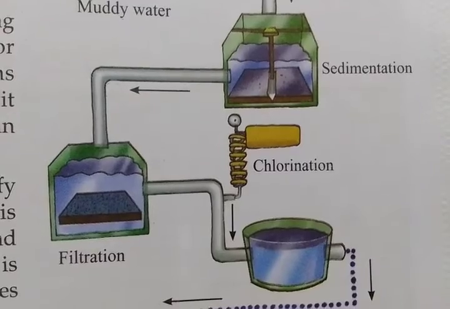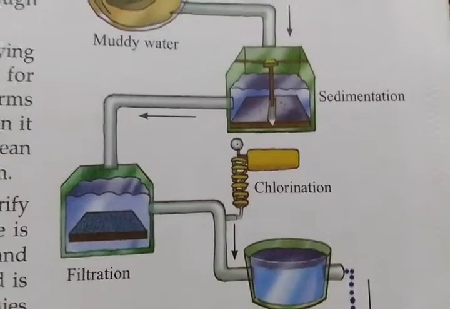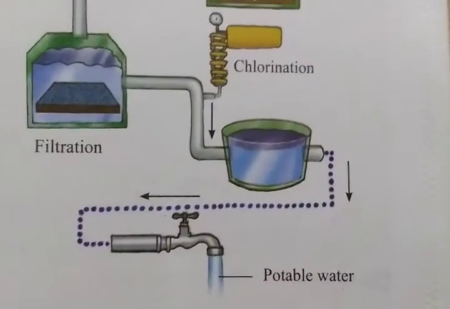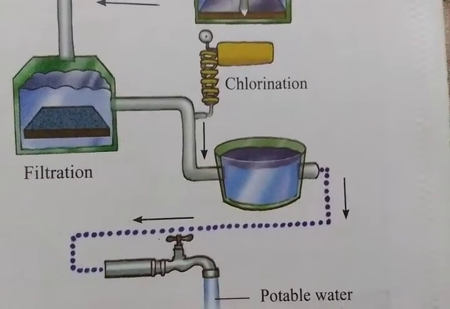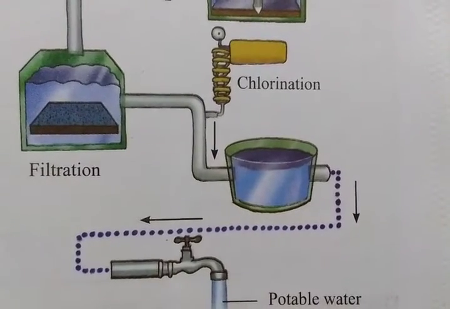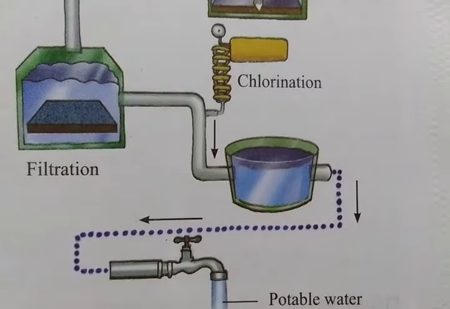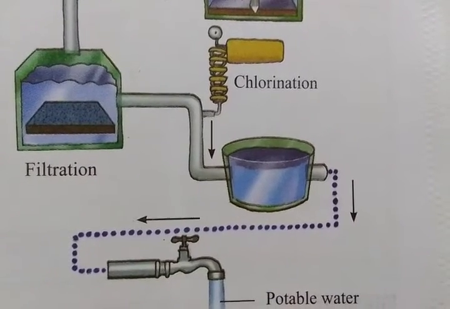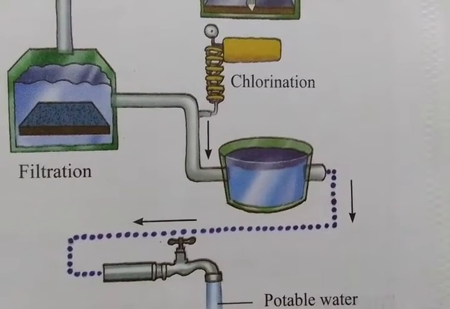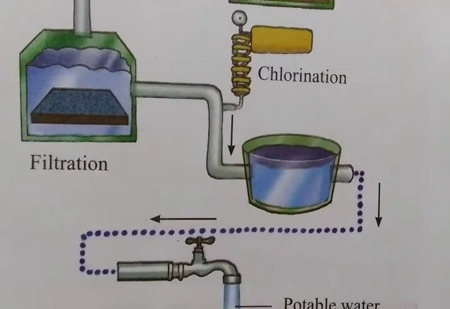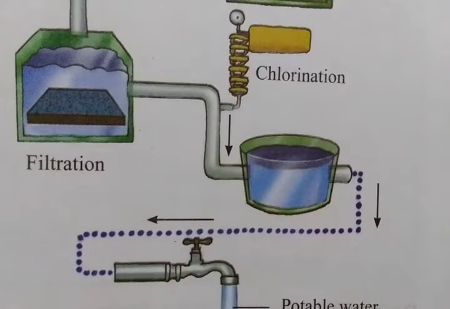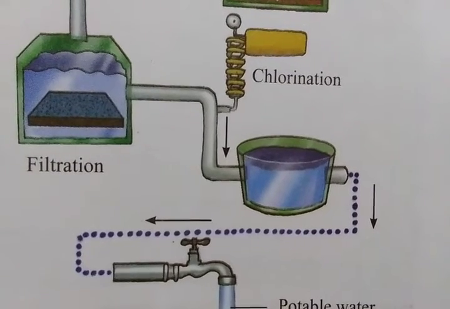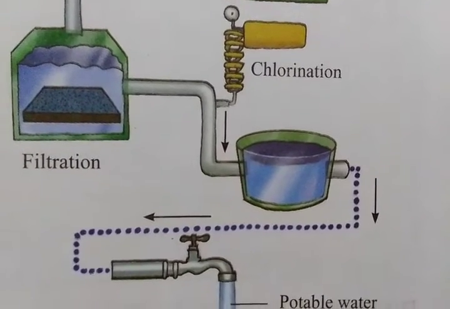Water found in different sources of water is not fit for direct consumption. It needs purification before being pumped for domestic purposes to towns and cities. This process of purification involves sedimentation, filtration and chlorination. Here in the diagram, you can see the different processes.